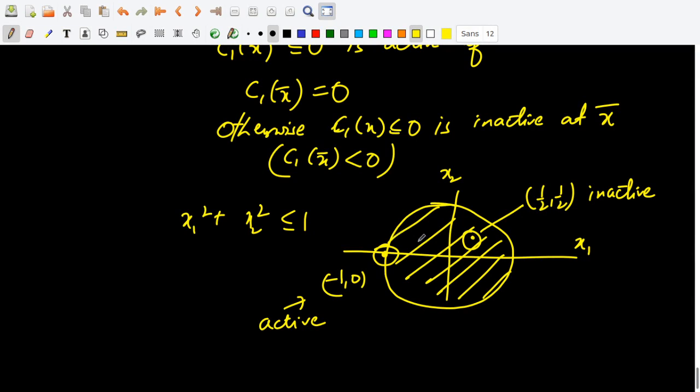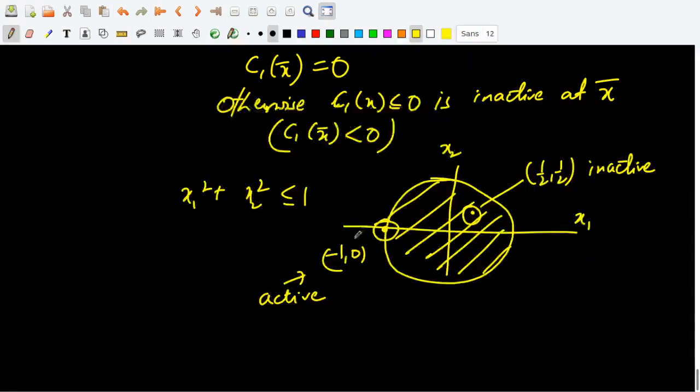So before we go on to linear programming, I would like to discuss the geometry of the gradient.